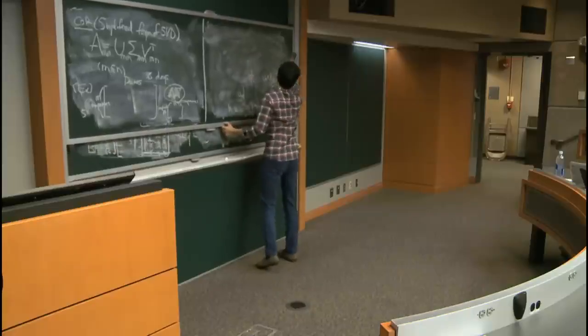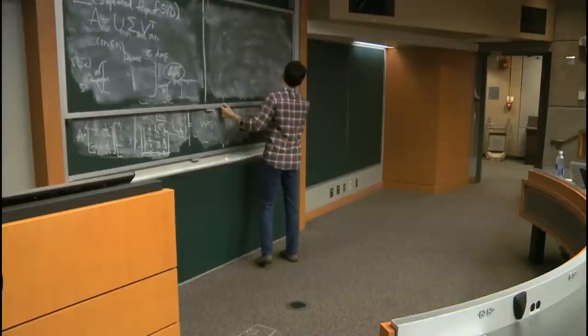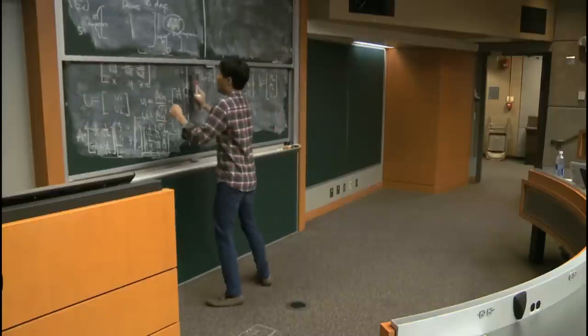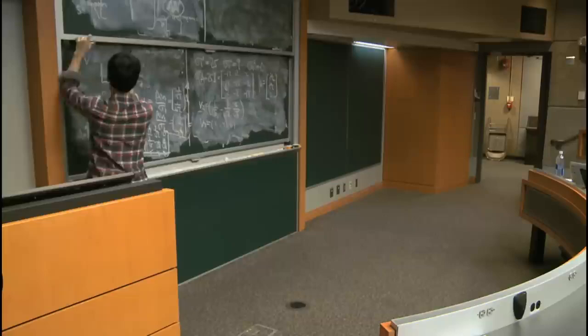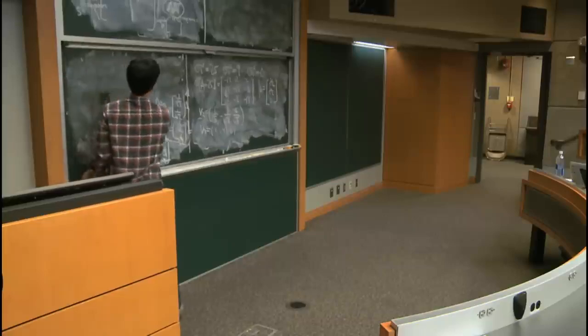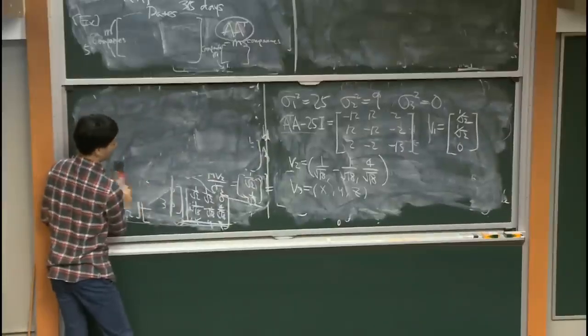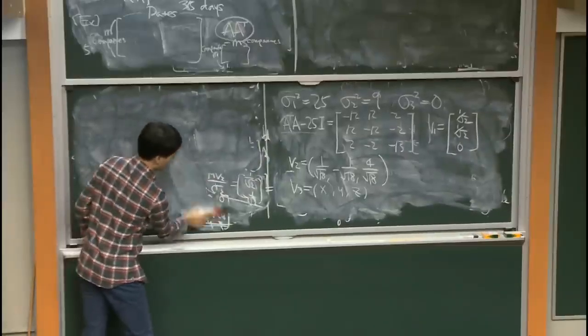Okay, so that was all for eigenvalue decomposition and singular value decomposition. The last thing I want to mention today is something called the Perron-Frobenius Theorem. This one looks a lot more theoretical than the ones I showed you.